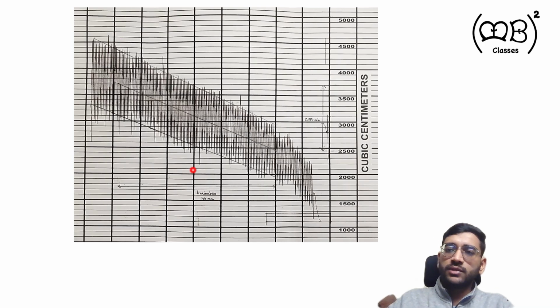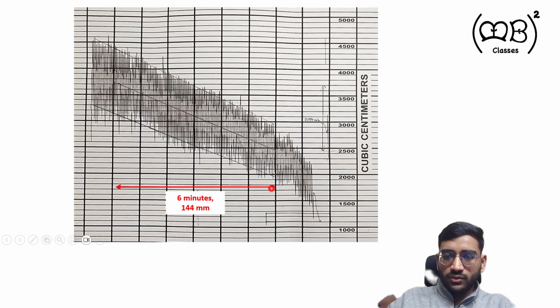So 0.4 millimeter per second into 60 seconds into 6 would give us 144 millimeters for 6 minutes. So the distance can be utilized, or you can also use a time marker to calculate exactly 6 minutes of oxygen consumption.